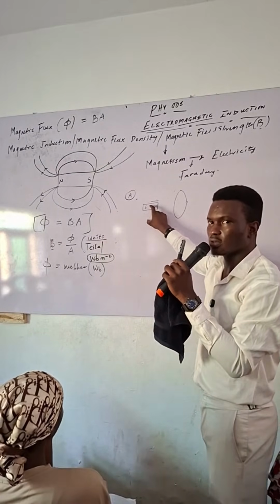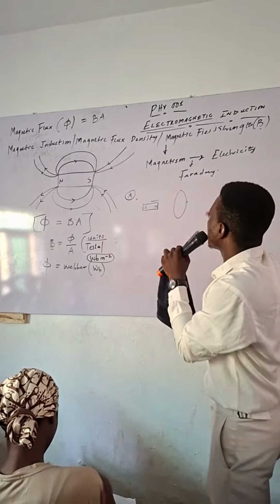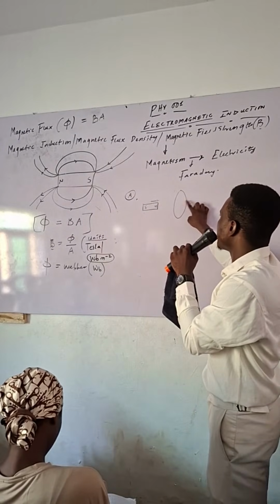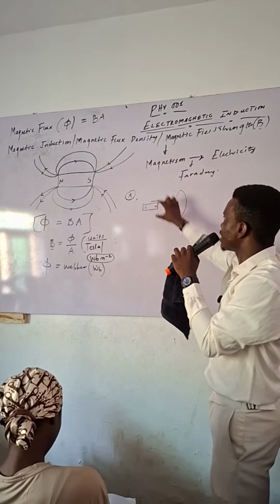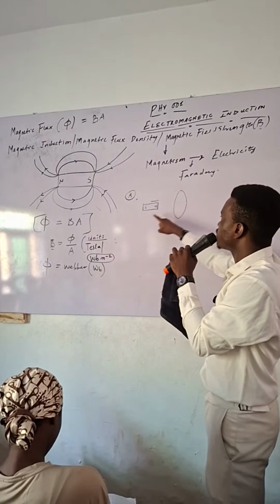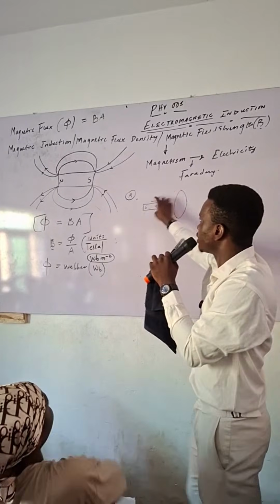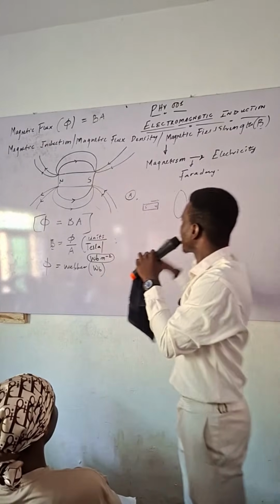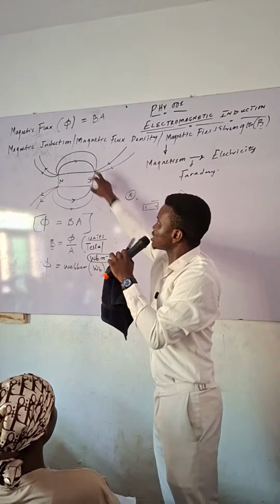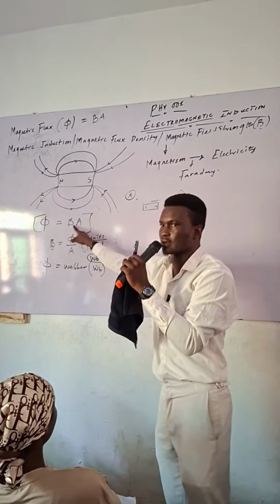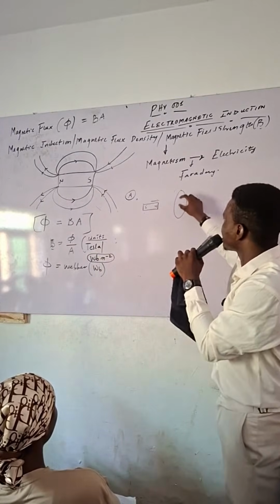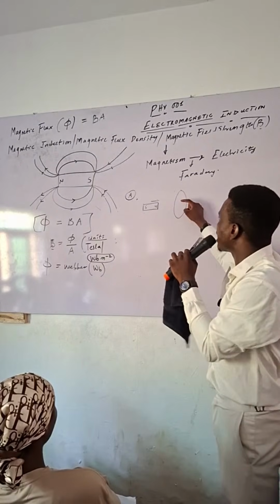So listen carefully. There is no battery here, if you can see. But when I move a magnet, I'm going to cut some things through this coil. What am I cutting through the coil? All these lines. That line is called the magnetic field strength. Then the region I'm passing it through is the area of the coil.